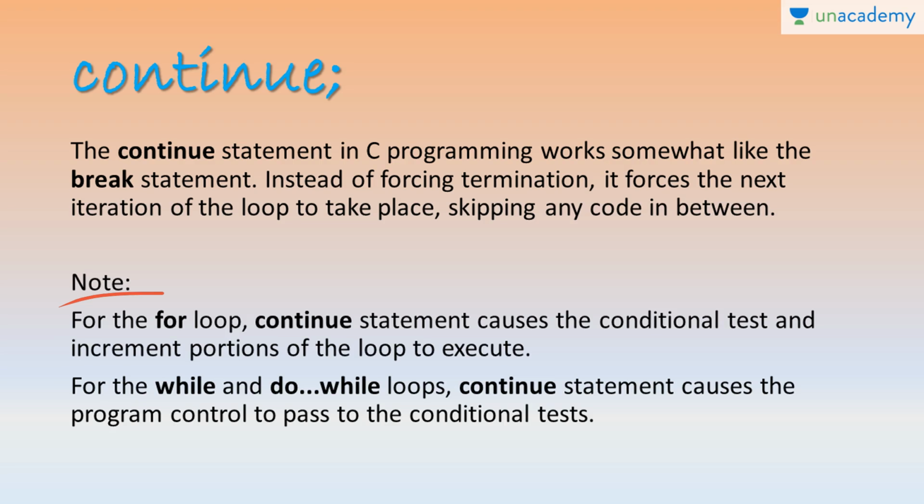So in the syntax of the for loop, we saw that we have initialization, condition and increment, that is the update part. If we use continue in the for loop, it causes the condition part and the update or increment part to execute. But if we use continue in while and do while loops, the continue statement causes the program control to pass to the condition part.